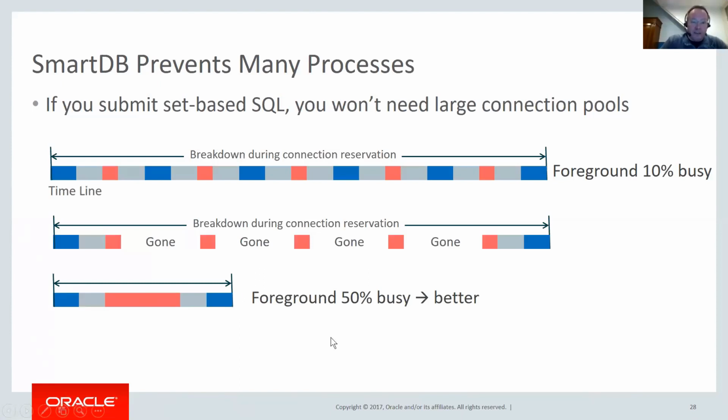We immediately get a much better busy rate of our foreground sessions. And we immediately enable our database to do useful work with less processes. In this particular case, 2 processes per core would be sufficient to load the database server with work.